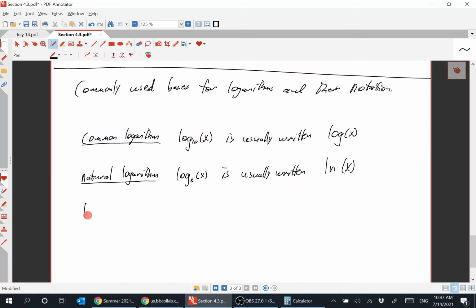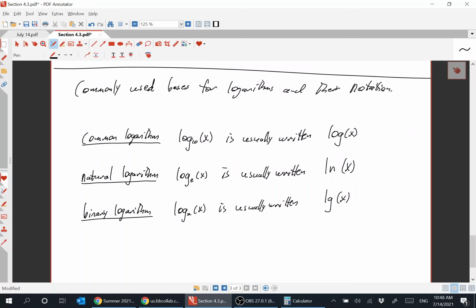And the binary logarithm, the log base 2 of x, is usually written lg x. Okay, so those are the most commonly used bases.